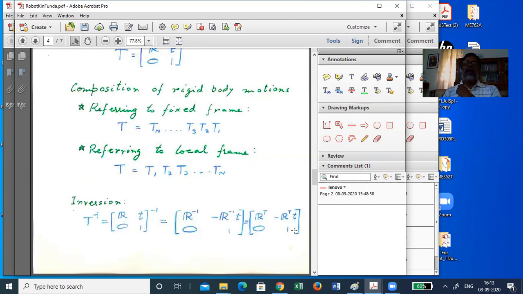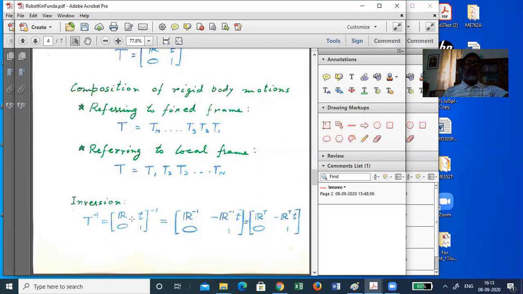And the physical, geometric sense of it is hard to miss, because the inverse of the rigid body motion means the restoration of the position and orientation of the body to its old one.